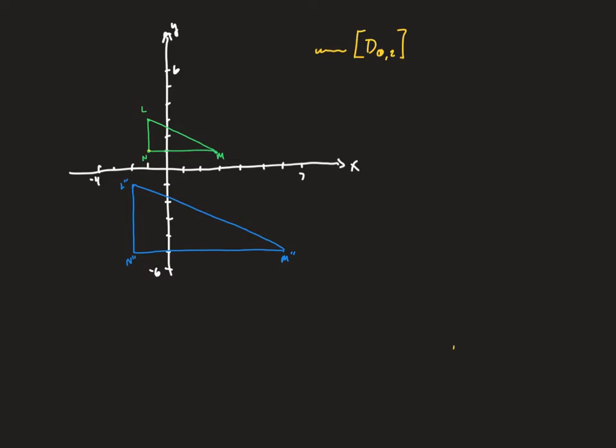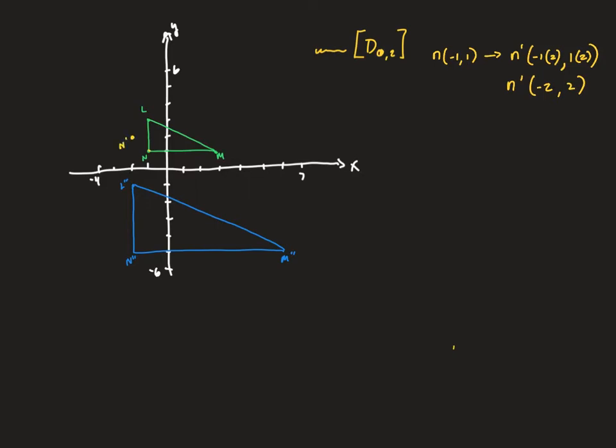N is going to be negative 1, 1, and its dilation, N prime, is going to be negative 1 times 2, and 1 times 2, the scale factor. So my new point, N prime, is going to be negative 2 and 2, which places me right there.